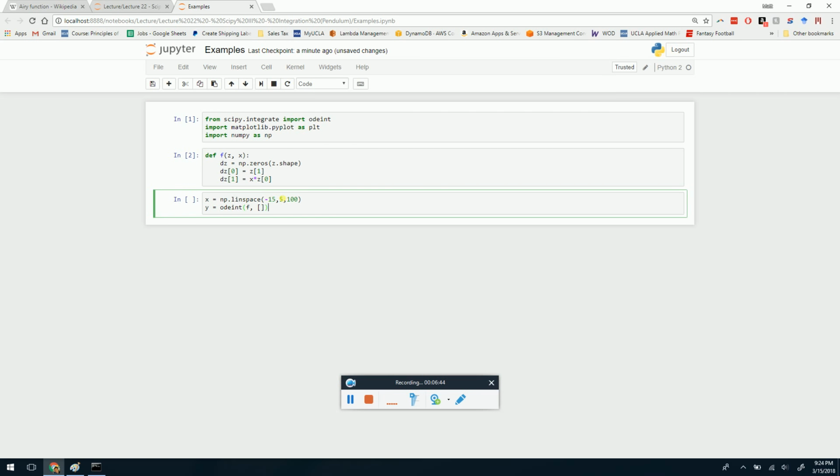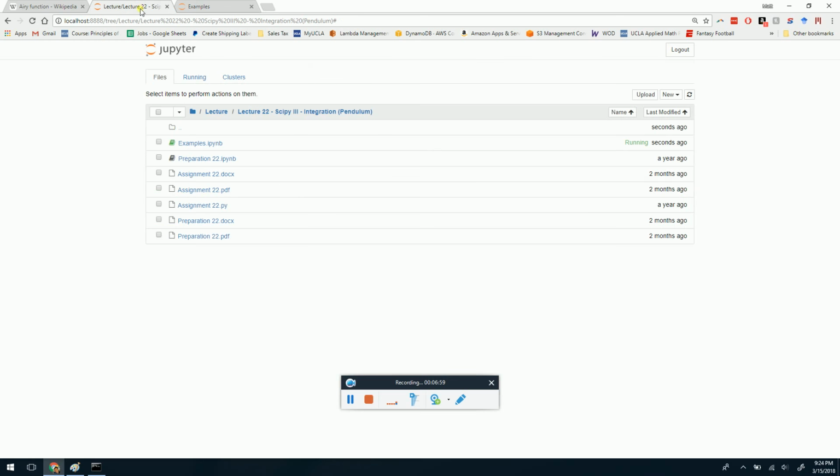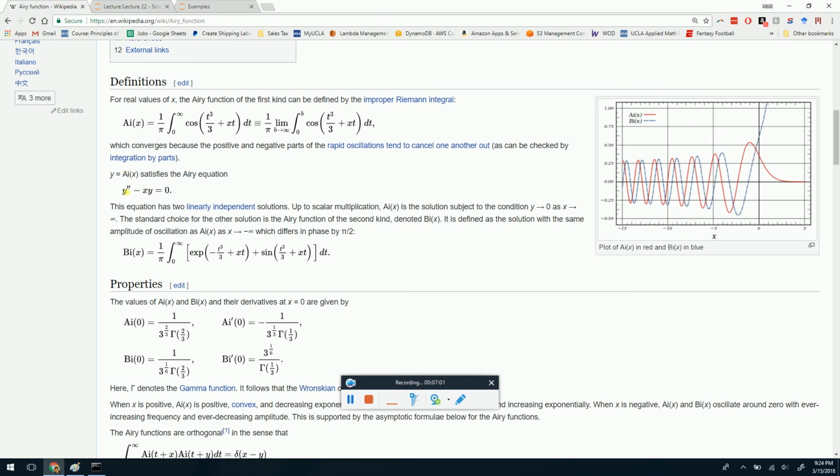And we'll give z0. It can be a NumPy array, it can actually just be a regular old list. It'll convert it to a NumPy array for us if it needs to. Then the derivative. What does the derivative look like? It looks like the derivative is 0 there, because the slope looks like it's around 0.